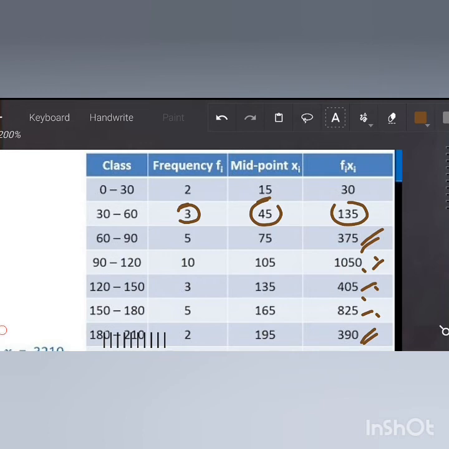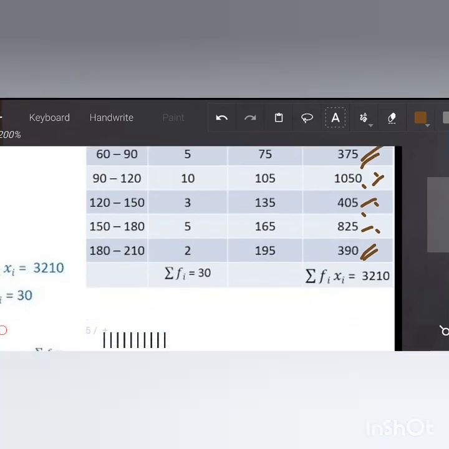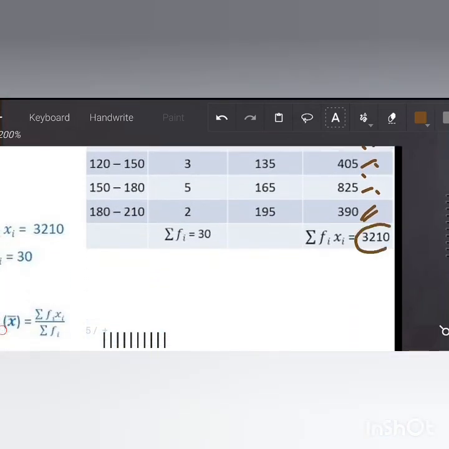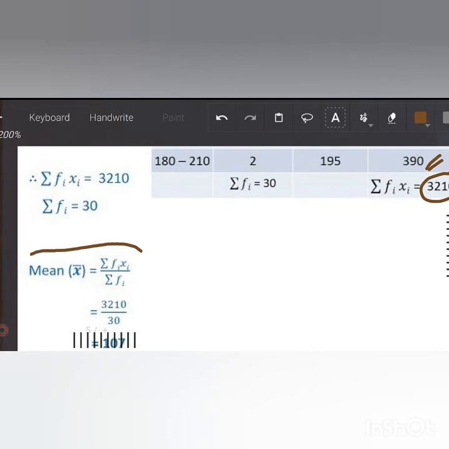Our next step is to find out the summation of the product of frequency and mid value. After adding up all these values we got a result of 3210. And again, according to the formula, mean x bar equal to sigma fi xi by sigma fi. Sigma fi is nothing but summation of all the frequencies.